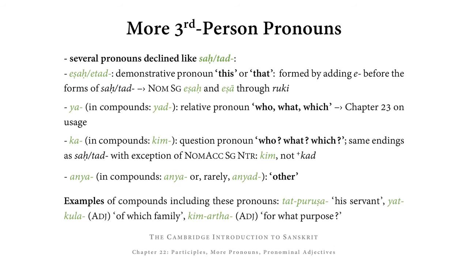A few examples of that would include something we've seen before, namely tat-puruṣa, the servant of him, his servant. Yat-kula, of which family, yat the relative pronoun in its stem form, kula meaning family, and kim-artha, for what purpose, consisting of artha, purpose, and kim, the stem form of the question pronoun ka.